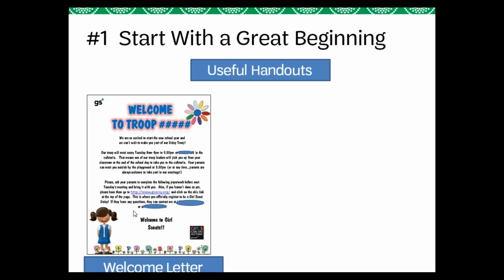You can see an example here of another troop in another council, and it's a very welcoming, fun, colorful welcome letter. Not so much information. We don't want to overwhelm them. Simple information like the meeting times and the website. So that's something you could think about doing for your troop, and you would have that available anytime a new parent would join you. So it's not something you'd have to do every time.